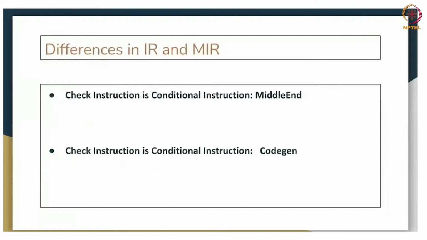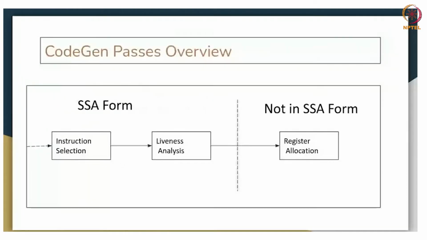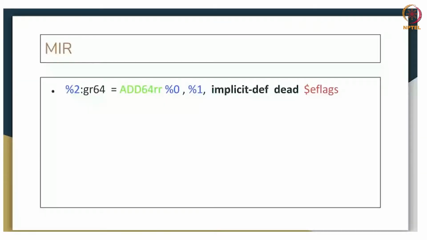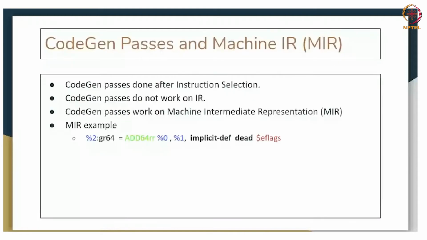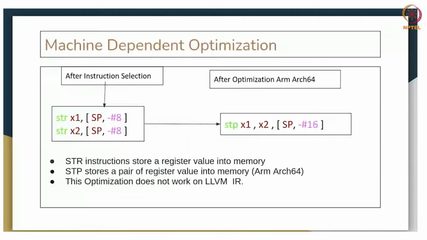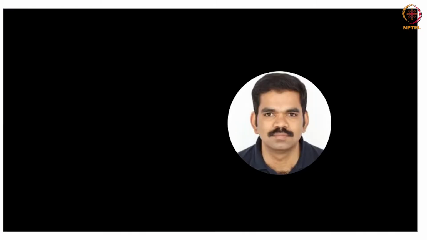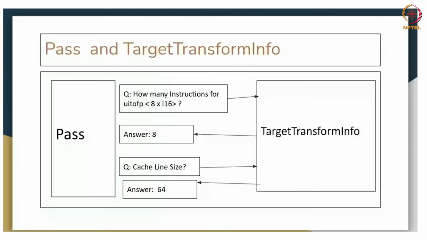The thing is, here this target transform info can give an answer for each instruction, like what the instruction cost is. I gave an example like the UI to FP 8 instruction, how many machine instructions for this.